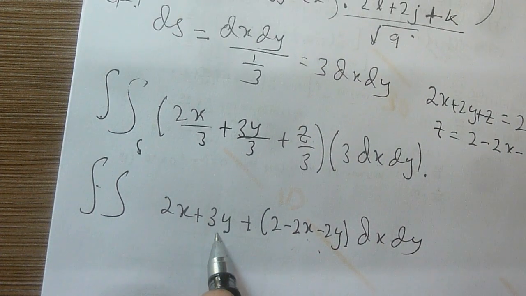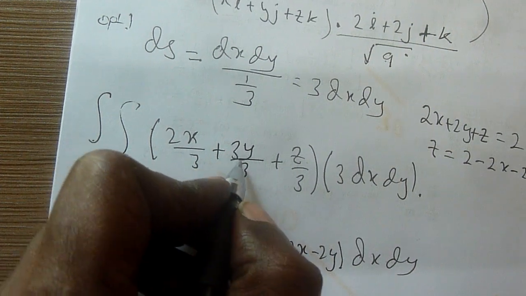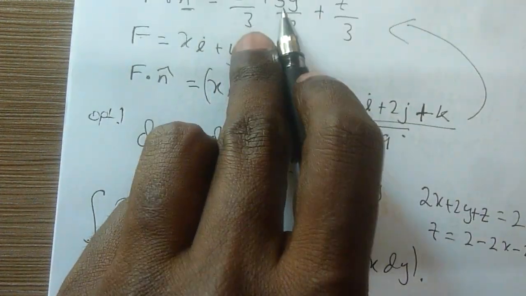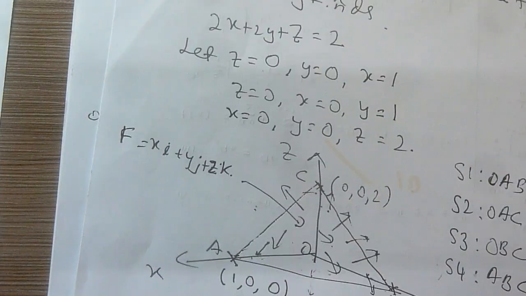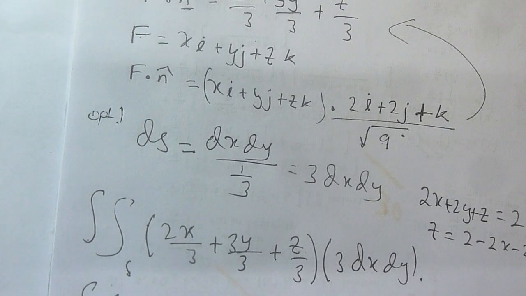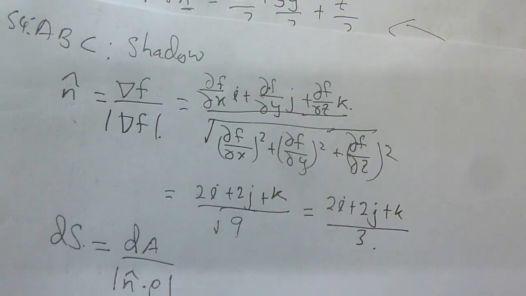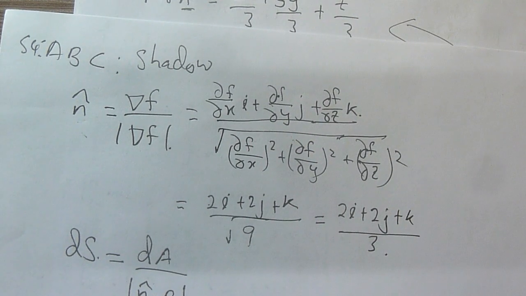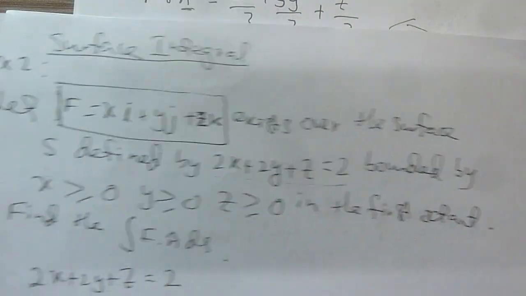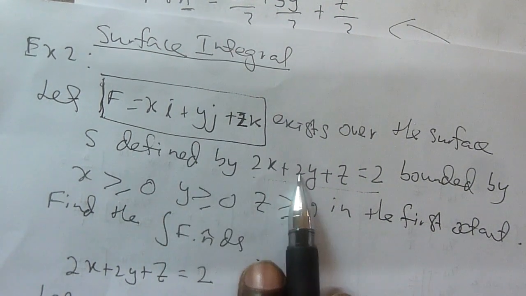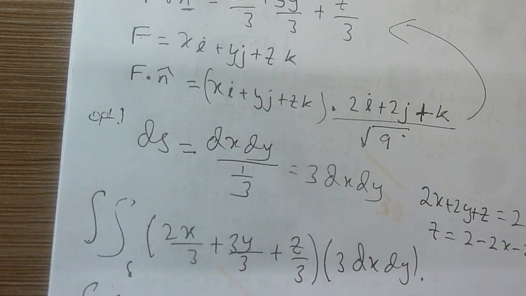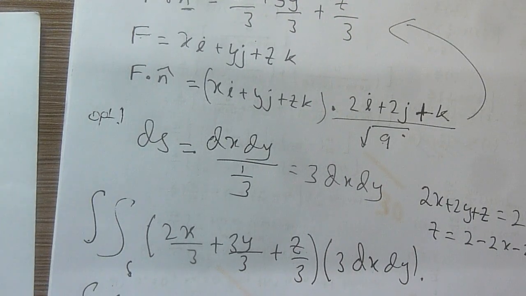Something is wrong here. Sorry, how can I get a 3? Just go back please. Let me check again. This is f(x, y, z). There are some mistakes here.